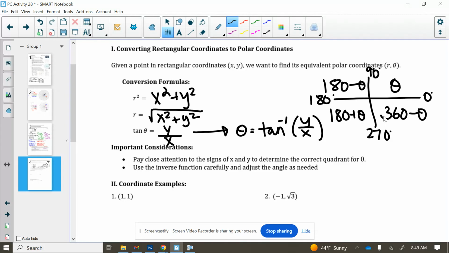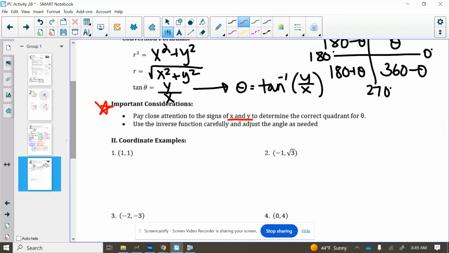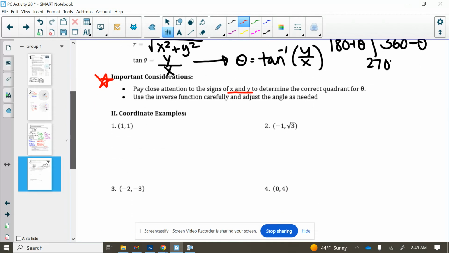Again, the x comma y is going to tell us a value for theta, but that may or may not be the correct value between 0 and 360, for instance, or the correct quadrant based on what the calculator is telling us. And again, the inverse isn't always going to work depending on if it possibly is on an axis.